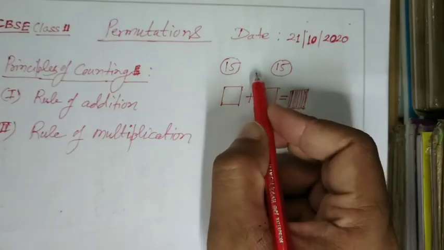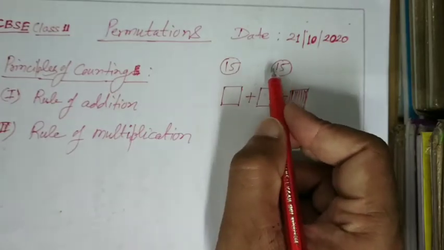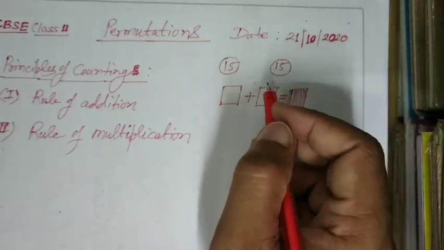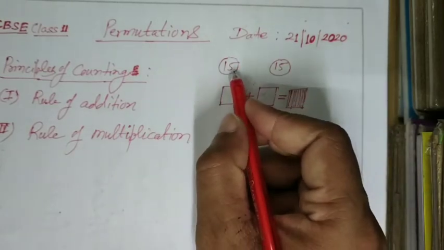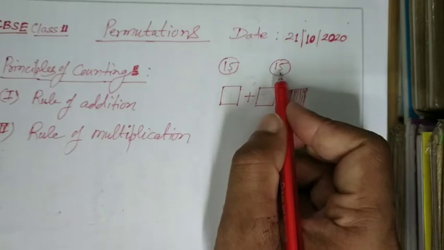Out of that class of 15 boys and 15 girls, we can select any one student, either boy or girl.